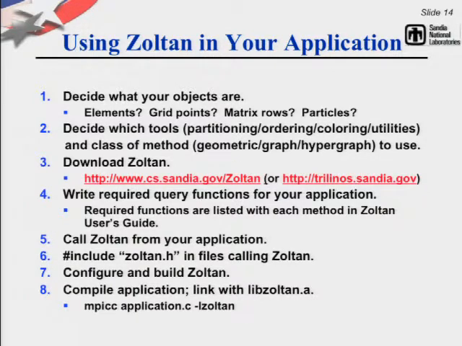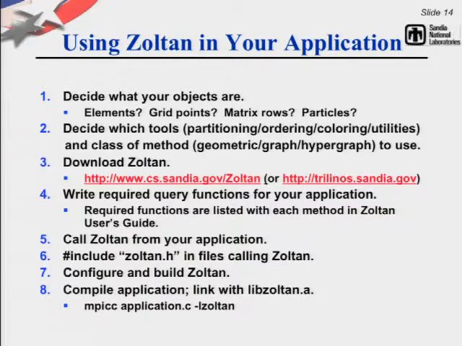So once you have some idea of what you want to do, you download Zoltan, and you need to write the required query functions, which are defined by what kind of methods you want to use. And then you have to call Zoltan in your application code.